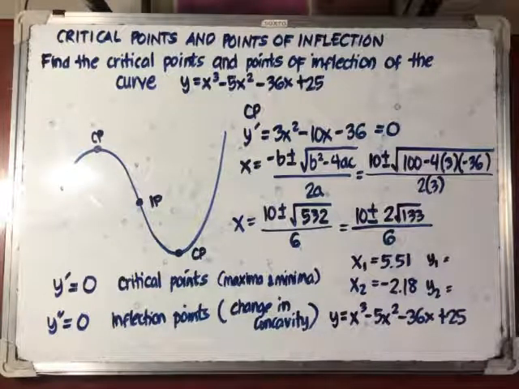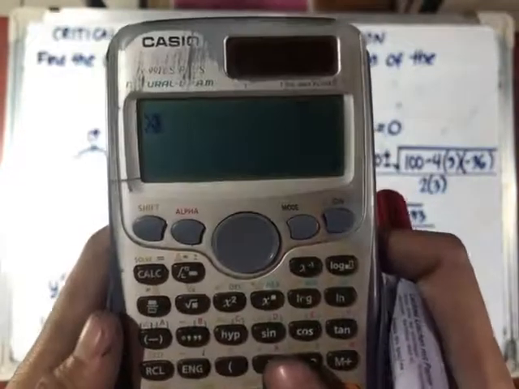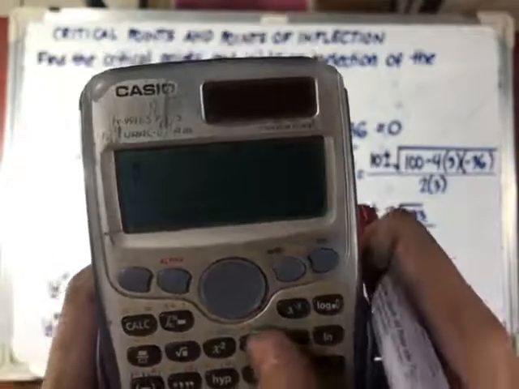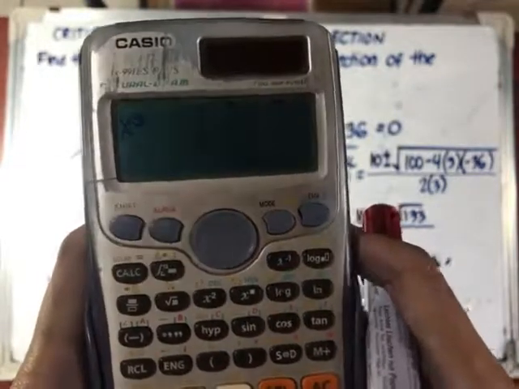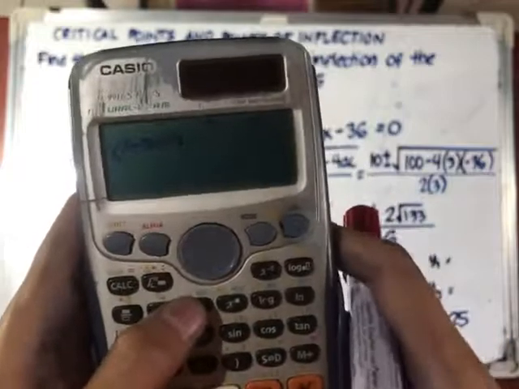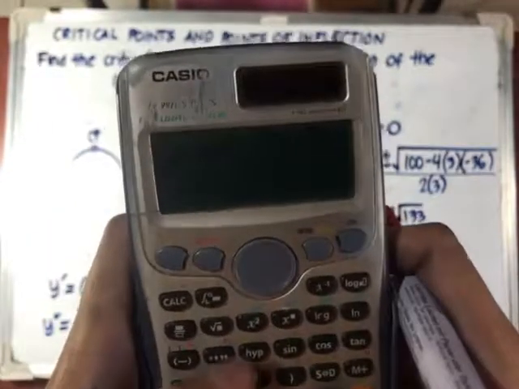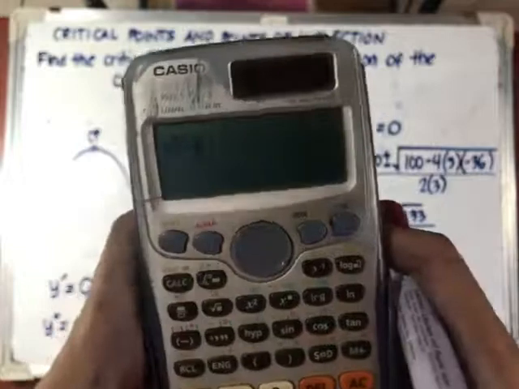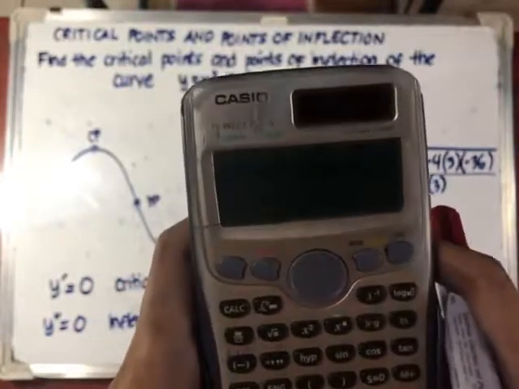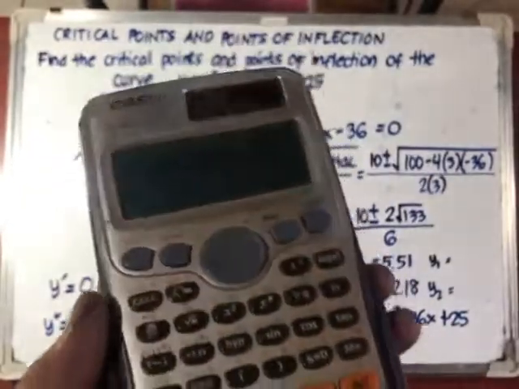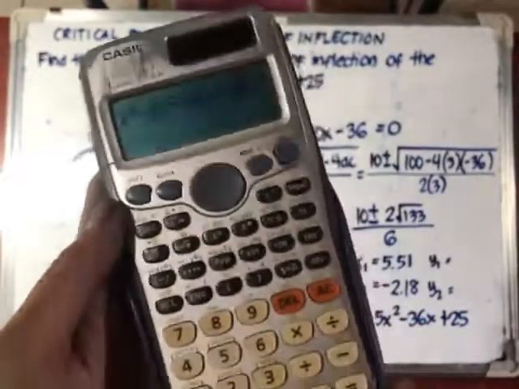So, if you have a calculator with you, i-type na lang natin siya ng mabilis. If you can see my calculator here, we have x cubed, minus 5x squared, minus 36x plus 25.